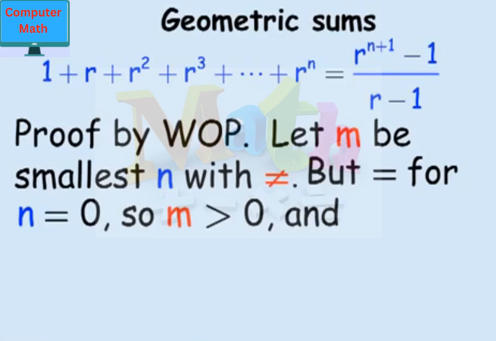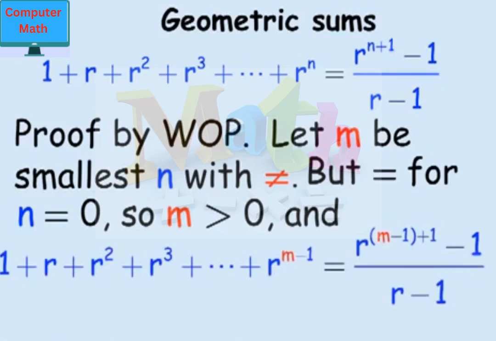The right-hand side is r minus 1 over r minus 1, which is also 1. So equality holds when n is 0, and that means that the least m for which equality doesn't hold has to be positive.